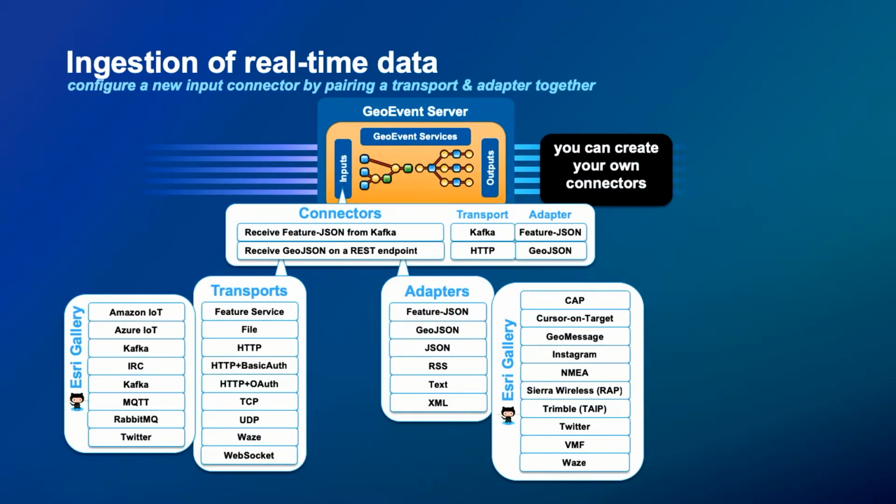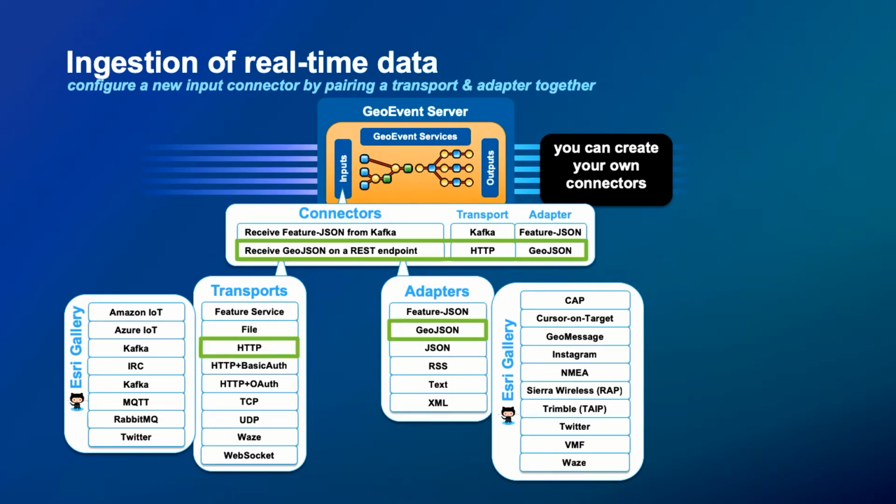We have mentioned that inputs are defined by input connectors. So what is an input connector? An input connector is a combination of a transport and an adapter. We'll explore these components in great detail in the first half of this presentation. This slide illustrates how we can create a connector using available transports and adapters. For example, the receive feature JSON from a Kafka connector is composed of a Kafka inbound transport and a feature JSON inbound adapter.